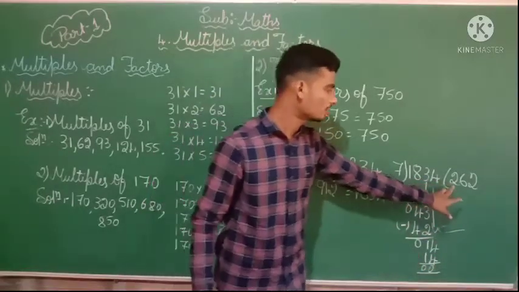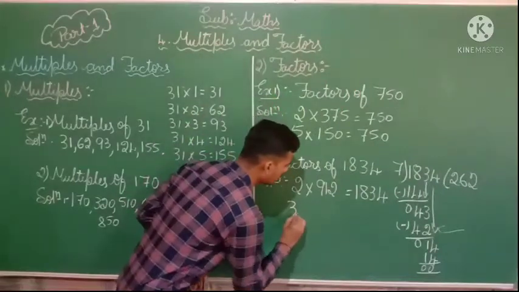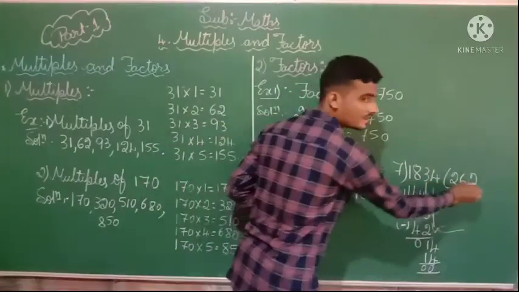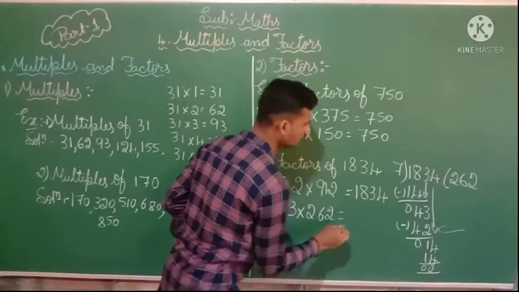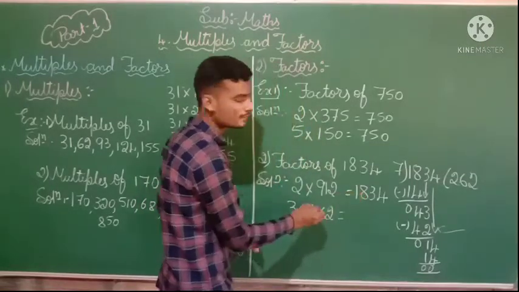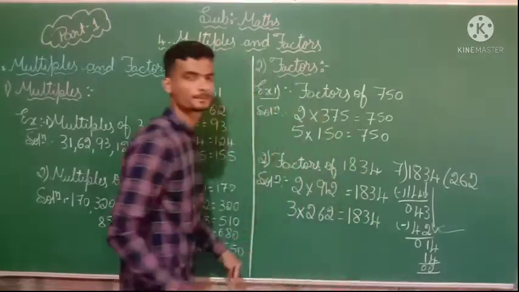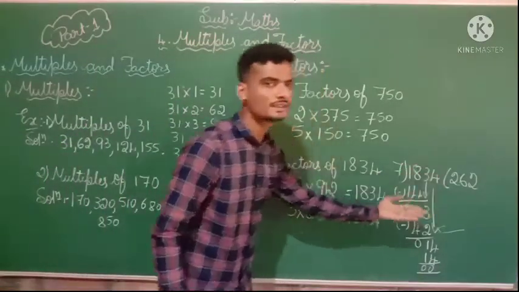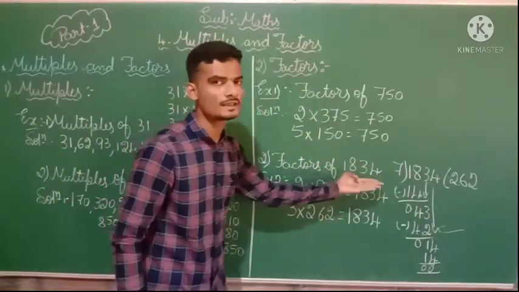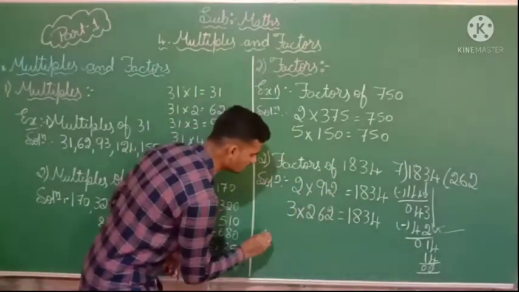By this, the quotient is 262. So 7 into 262 is equal to 1834. In this way we want to find the factors for the given numbers. Now the factors we have found here, you want to write down.